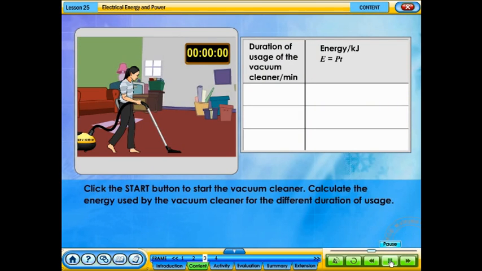Click the Start button to start the vacuum cleaner. Calculate the energy used by the vacuum cleaner for the different duration of usage.